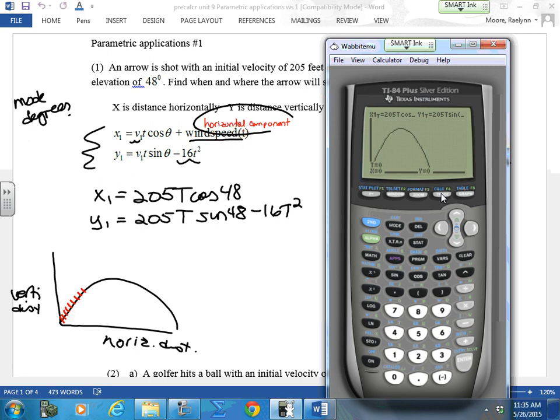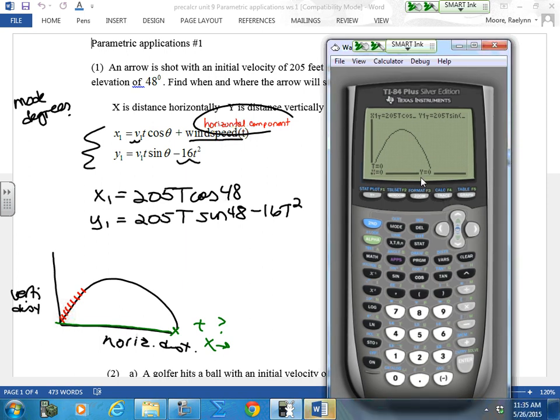If I want to know when this hits the ground, I want to know what time it hits the ground, I want to know the x, how far away from me, and what will the y be? When the arrow hits the ground, what's the y value right here? 0. So I want my y to be 0.